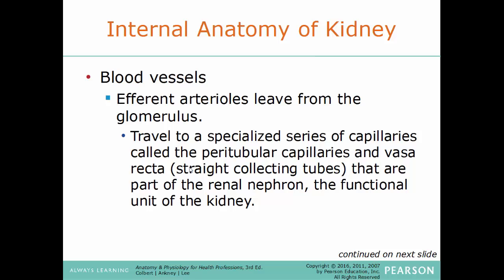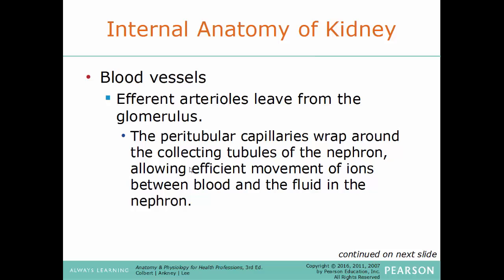And after the blood leaves the glomerulus, it will travel to a specialized series of capillaries called the peritubular capillaries and the vasa recta. These are part of the renal nephron, the functional unit of the kidney. The peritubular capillaries will wrap around the collecting tubules of the nephron, allowing efficient movement of ions between the blood and the fluid in the nephron.